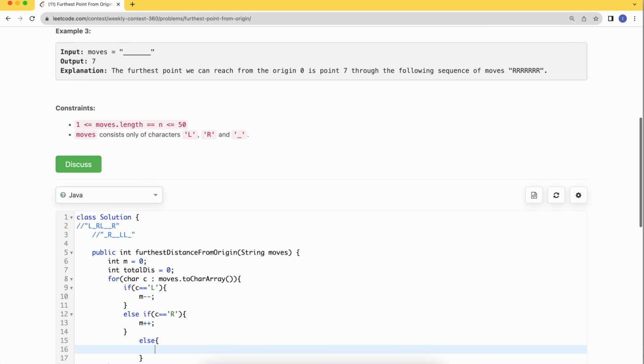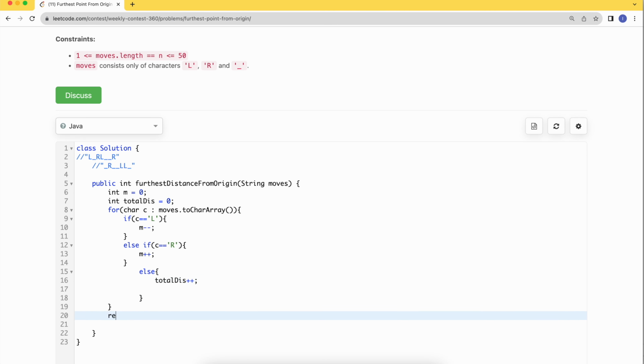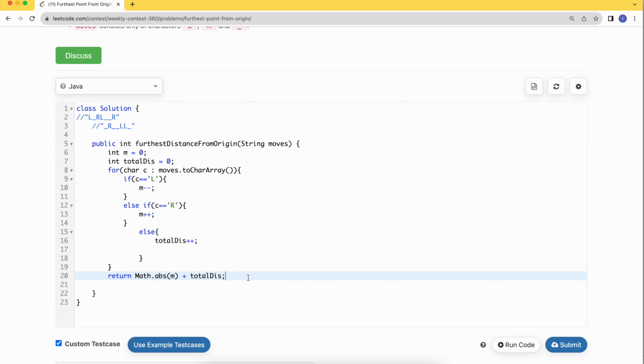And else, total distance will be incremented by the underscores. That's our choice. And then finally we can return the absolute value of moves, because that could be negative if there are more L's than R's, plus the total distance of underscores in that direction.